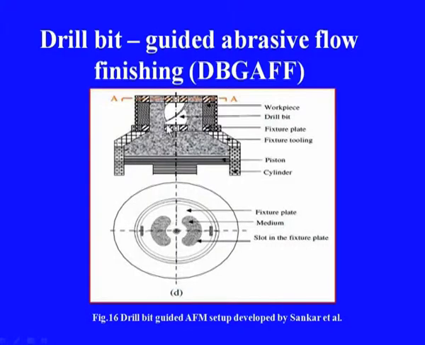This is another development in hybridization of the AFM process. This is the drill bit guided abrasive flow machining process, in which the drill bit is inside this workpiece and is kept on rotating, and that causes rotation of this abrasive media, and the principle is similar to that of the centrifugal assisted abrasive flow machining process.